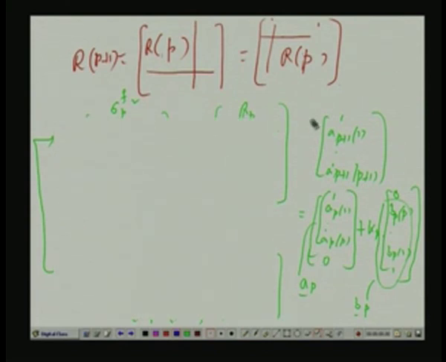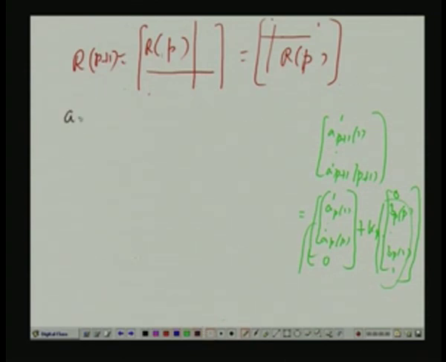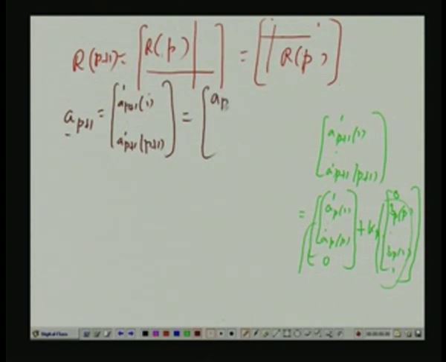Let me erase everything now. What is the solution? A_(p+1), which by definition is of this form, A_(p+1),1 up to A_(p+1),(p+1), that is A_p, 0 plus K_p times 0, B_p.